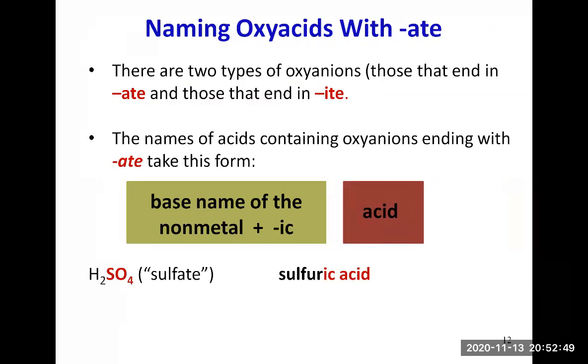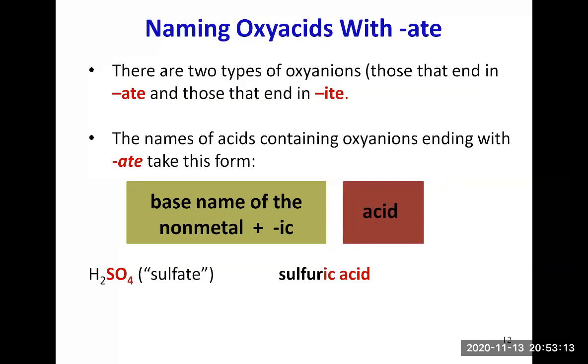For example, H2SO4, the SO4 -2 is the sulfate ion. When it's combined with two H+ ions to make a neutral formula, we call this, so you take sulfate, you change the ending to ic. So sulfur, again, remember, now becomes sulfur when you name an acid.